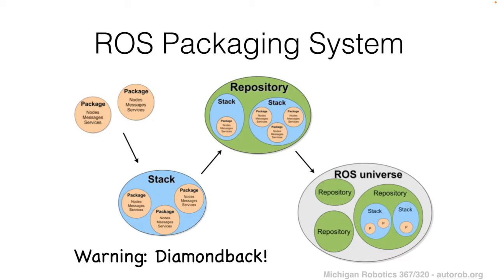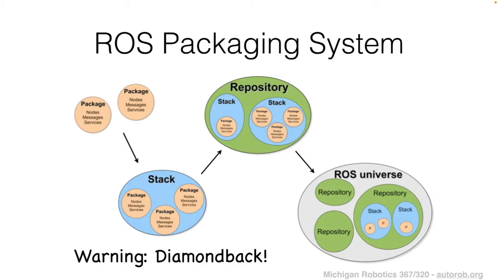At the lowest level, the most core functionality that can be built within ROS is what's referred to as a single ROS package. A single ROS package can be thought of as the most modular set of functions that you would want to be grouped together.